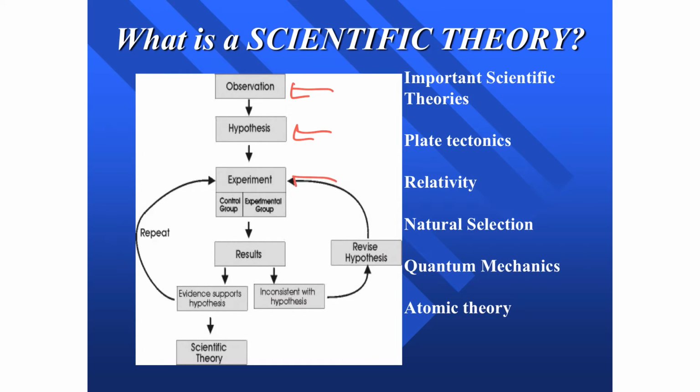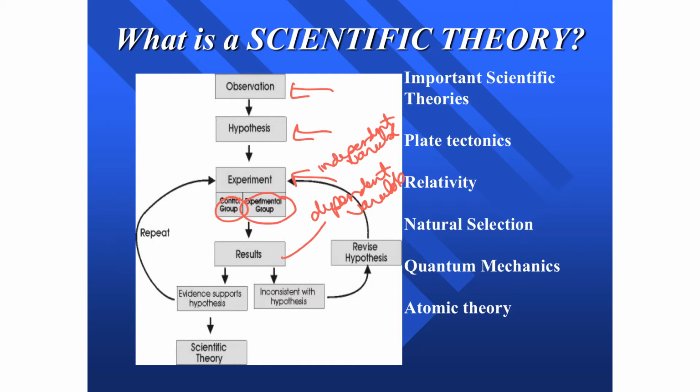Then the scientist is going to do a controlled experiment, right? He or she would have a control group and an experimental group, and they would have a dependent variable that they would measure, and an independent variable that they would change on purpose.